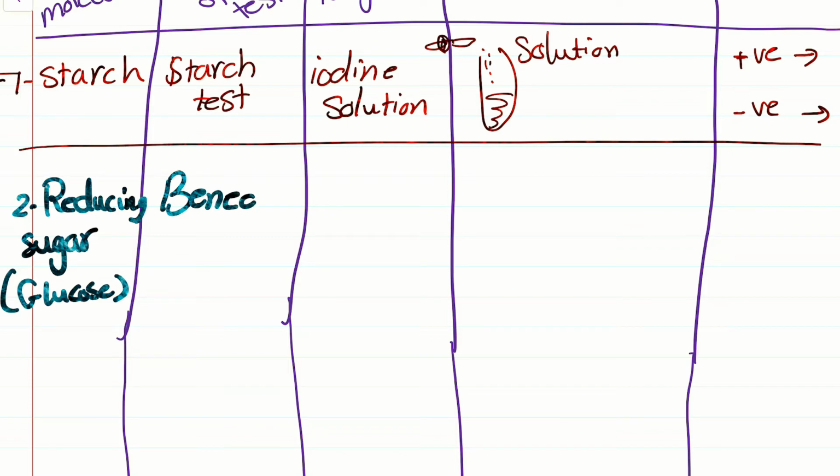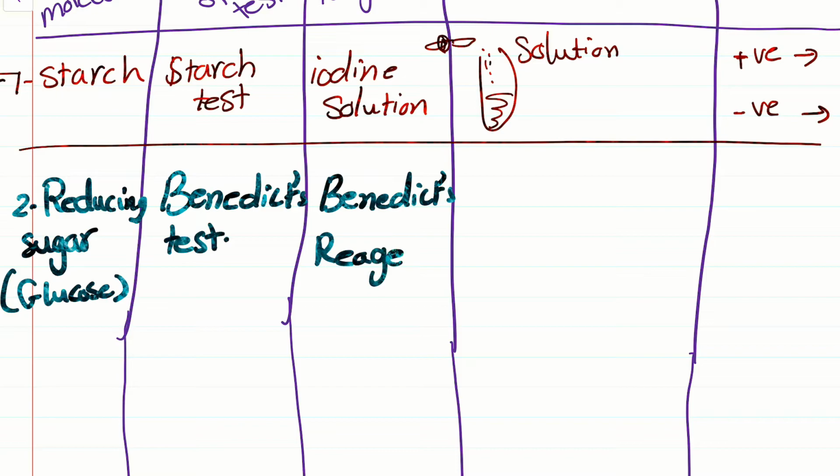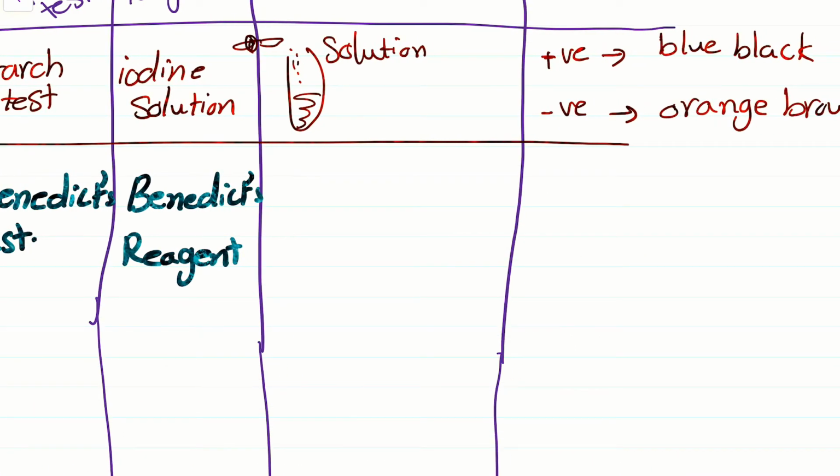What is the name of the test? Benedict test. Reagent: Benedict reagent or solution. How can we do this test? By getting an equal volume of the food solution and the Benedict solution.